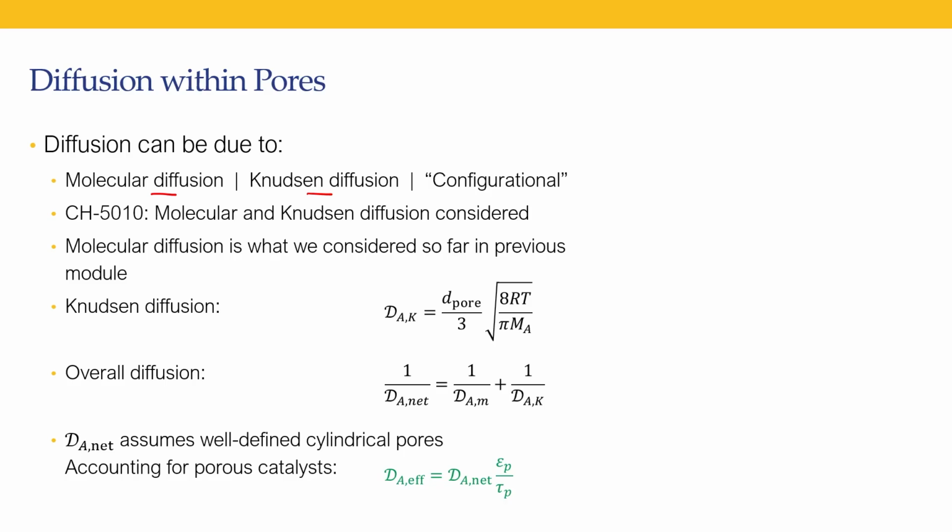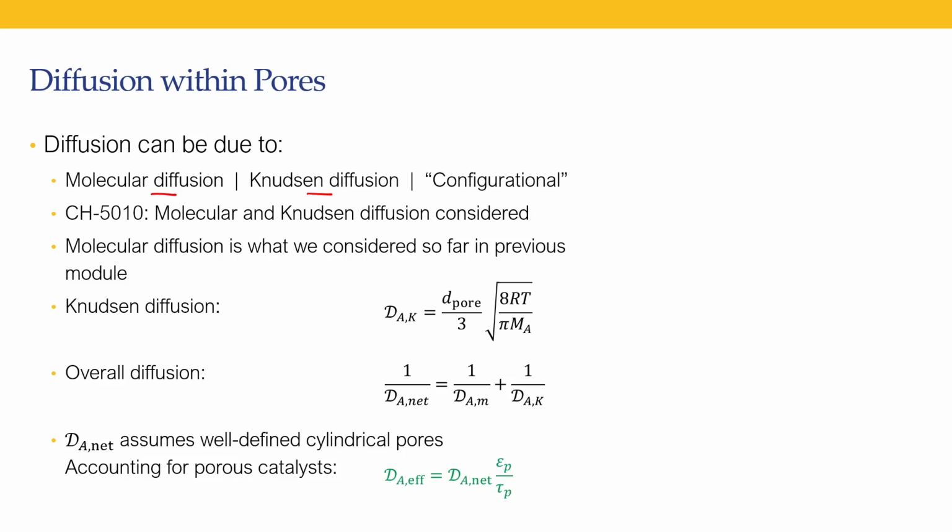Okay, molecular diffusion is your Fick's law type of diffusion, or Stefan-Maxwell type of diffusion. Knudsen diffusion, we have gone over the expression, and as the pore gets smaller and smaller, diffusivity reduces. As the molecule gets larger and larger, diffusivity gets reduced, and at higher temperature, diffusivity is higher.